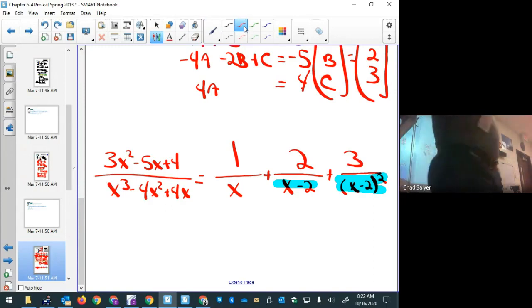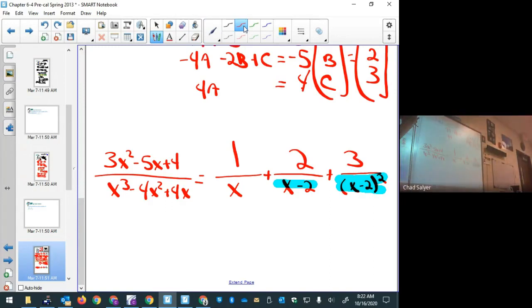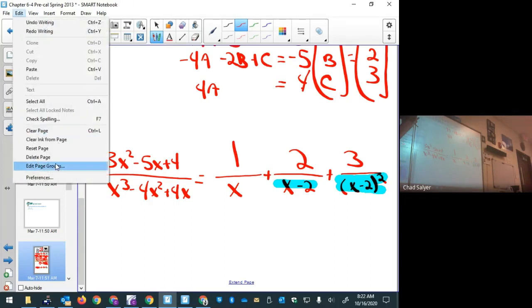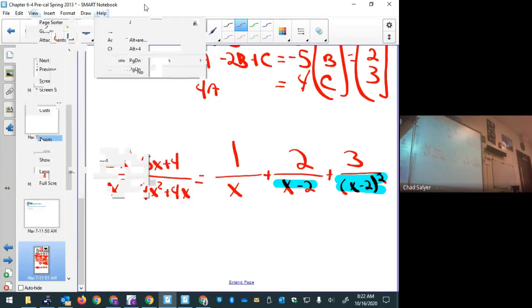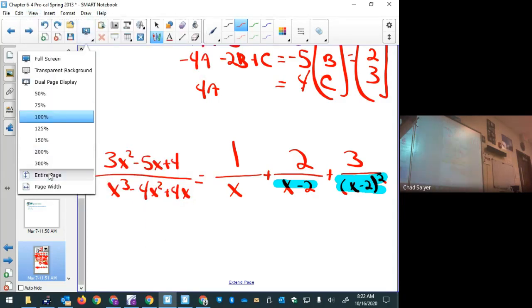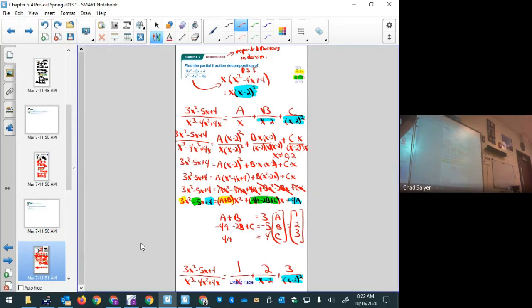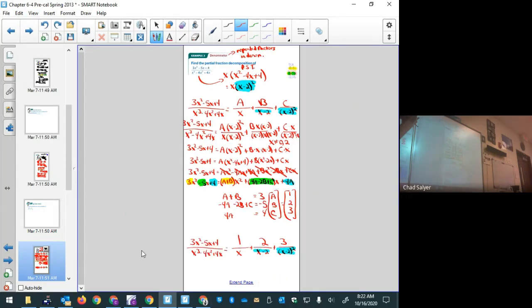And that's our answer. And so remember, that process is necessary when you have repeated linear factors, not irreducible quadratics. Those are a different ballgame. So repeated linear factors, this is how it goes.